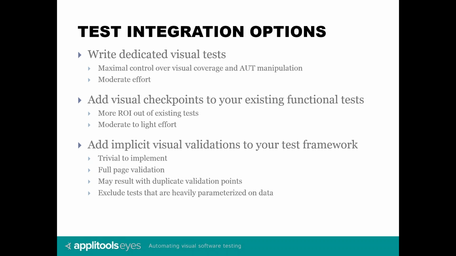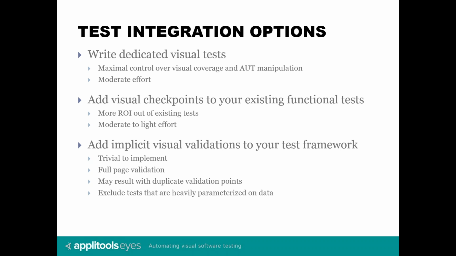The third option also works well for many teams, but does not work for all situations, is to add implicit visual validations in the test framework itself. So you don't touch the tests, but if you have a test framework where all the clicks and mouse movements and keyboard strokes go through, you can add implicit visual validations as a response to certain triggers.